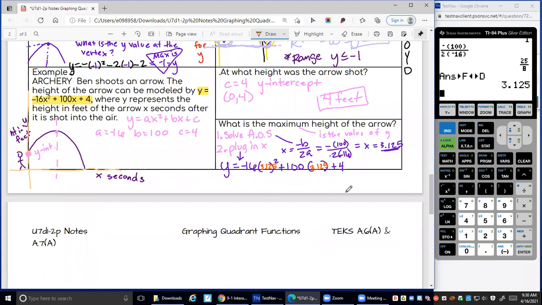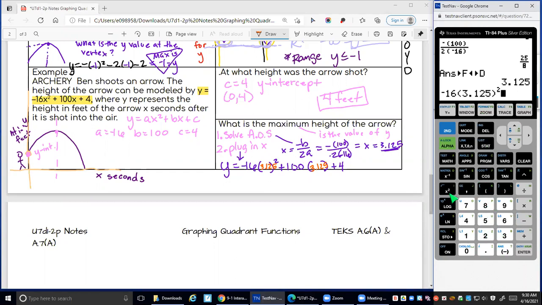I'm feeling lazy this morning, so I'm just going to say negative 16, parenthesis, 3.125, close parenthesis, square it, plus 100, open parenthesis, 3.125. It's always good to practice along if you can. Plus 4. And then enter.